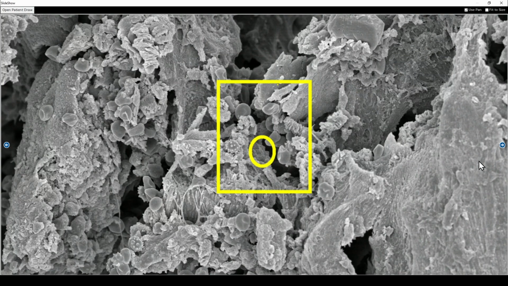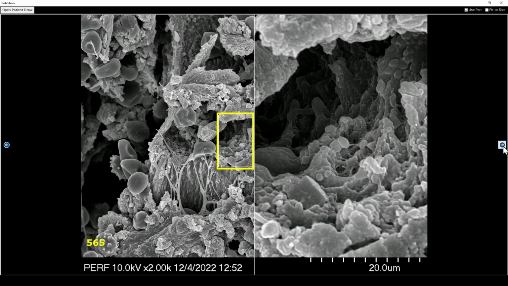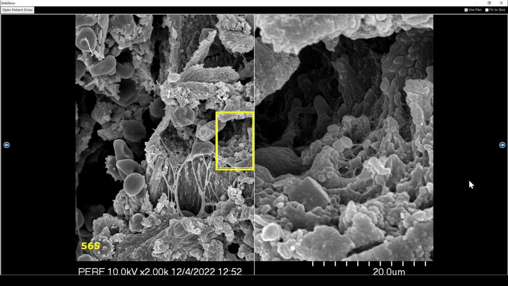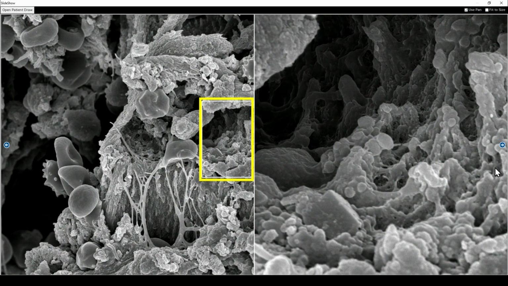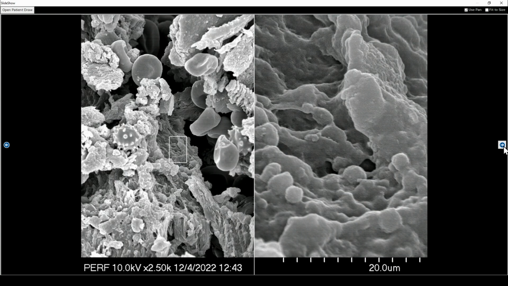So there you can see some red and white blood cells, but if you look very, very carefully and zoom into this area, you can see the unmistakable picture of bacterial biofilm in EPS virtually everywhere on this sample. Everywhere you look, you'll see this EPS and bacterial morphotypes embedded within the EPS.